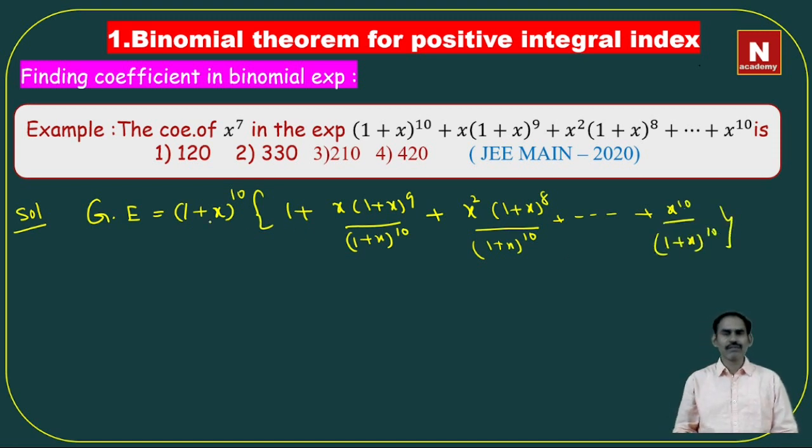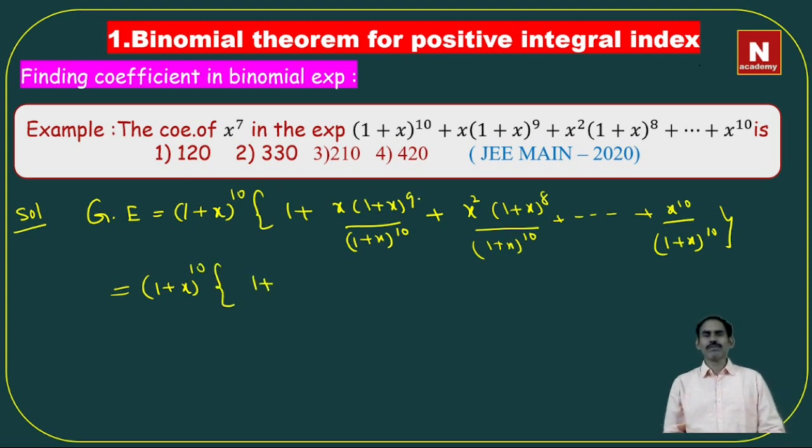Because we are writing (1 plus x) whole power 10 as common, we write each term as a division by (1 plus x) whole power 10. Now this will be (1 plus x) whole power 10 times 1 plus x by (1 plus x), since (1 plus x) power 9 cancels completely with power 10.